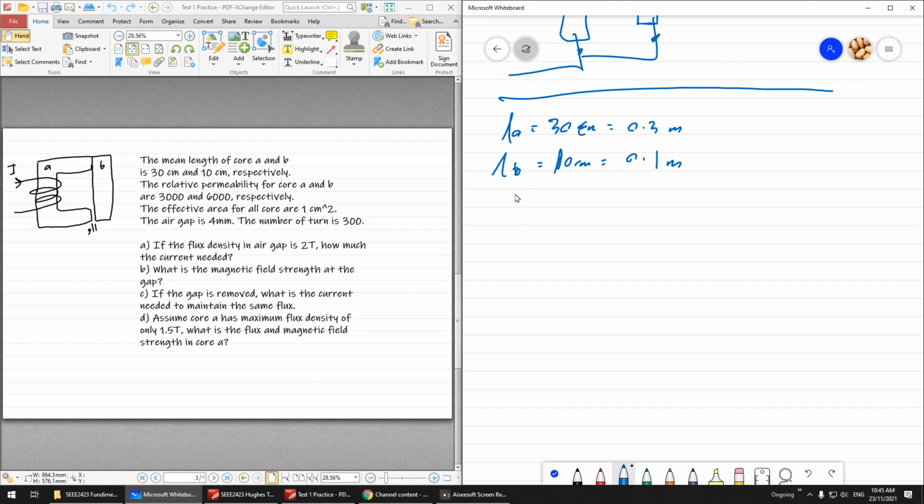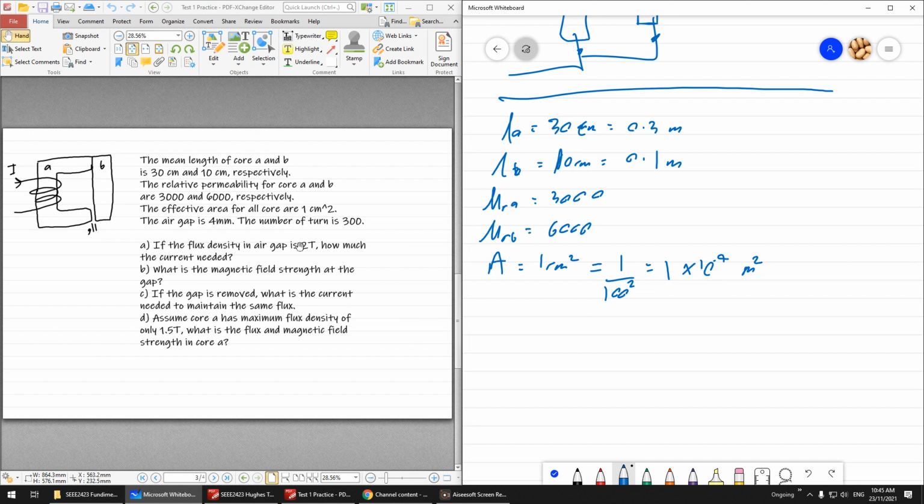And the relative permeability, of course, mu r, relative, for A is 3000 and mu r for B is 6000. And the effective area of all the core: the area is 1 cm squared, so you have to change this, 1 divided by 100 for cm, don't forget to square because this is cm squared, so 1 multiplied by 10 to the negative 4 meter squared.